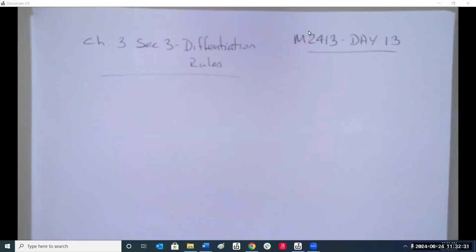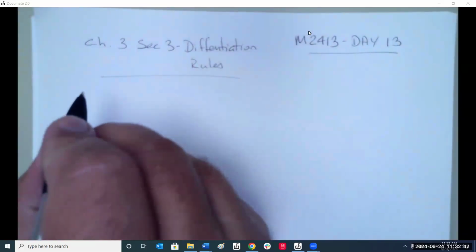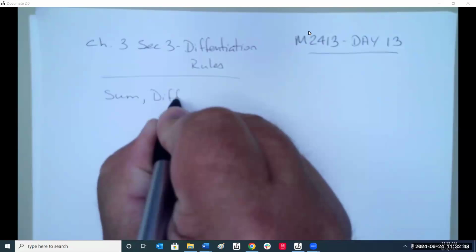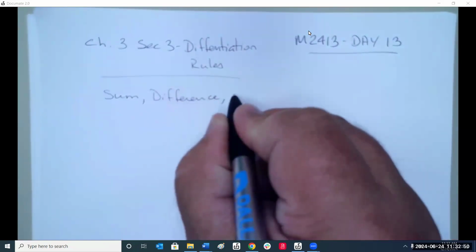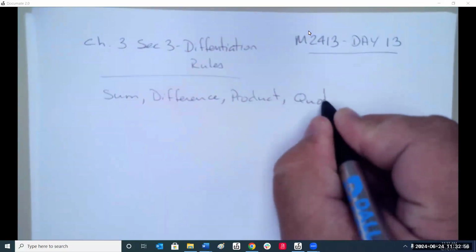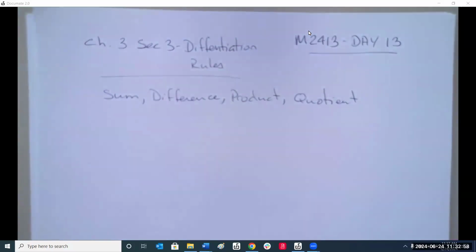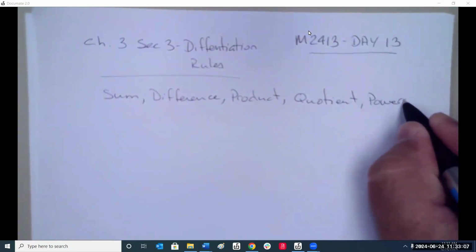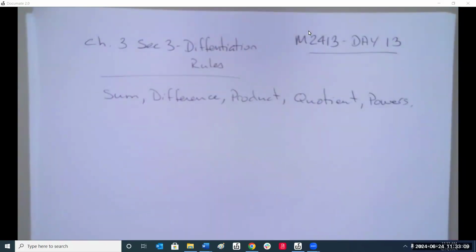Oh, further than that. All right, now we're going to start using shortcuts to find derivatives. The differentiation rules are for the sum, the difference, the product, and quotient, and powers, and constant multiples, and so on and so forth.